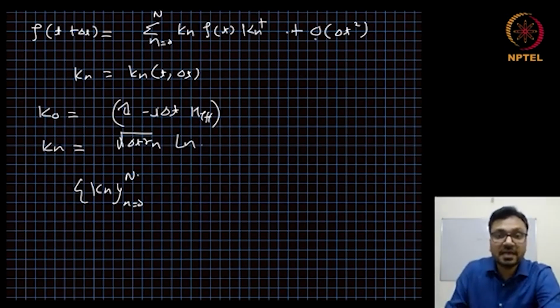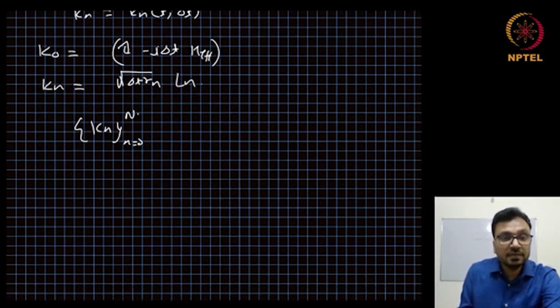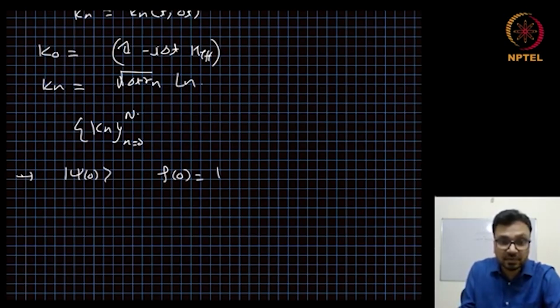Now, how does this help us solve the dynamics of the quantum system? We can use it to solve the dynamics of a quantum system in a stochastic, numerical way as follows. Let us say our initial state is psi of 0. It's a pure state, so rho at 0 is psi 0 psi 0.